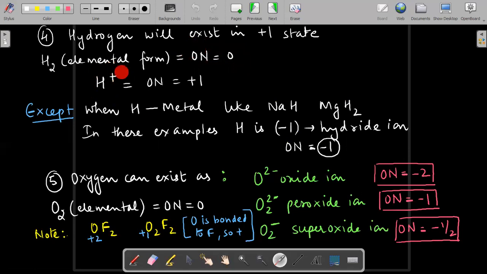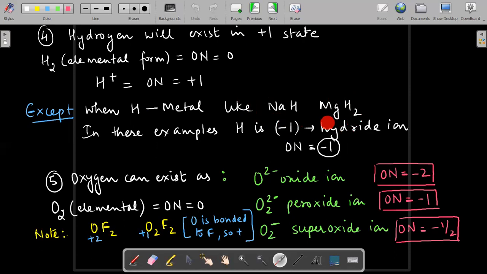But normal कहीं भी और आप hydrogen देखोगे covalent bond में, so the oxidation number is always +1. Okay. Now there is only one exception to this rule when hydrogen forms a bond with a metal. Such type of compounds like NaH, MgH2, this is sodium hydride or magnesium hydride.